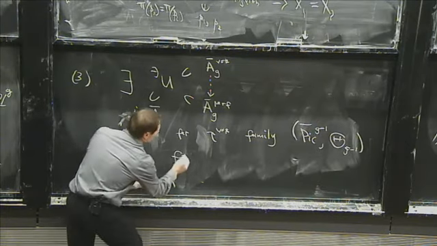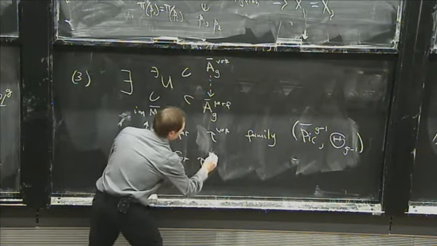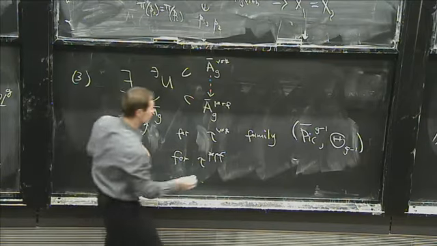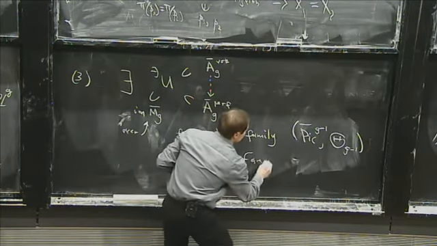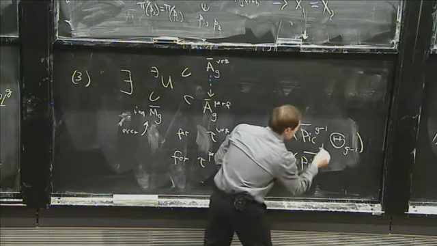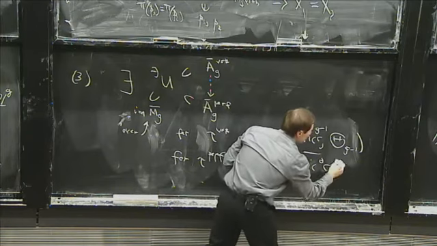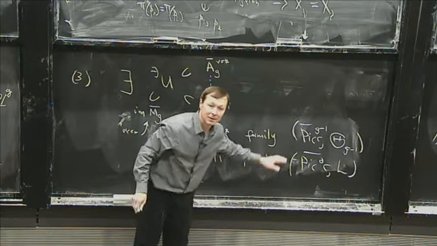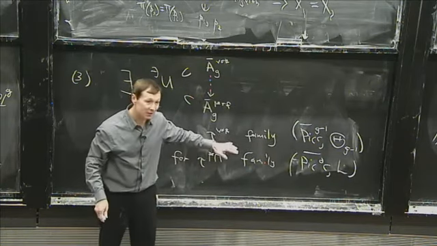But this family that I'm describing here is the compactifications of Pic 0 and not Pic g minus 1. So the geometric meaning is different.